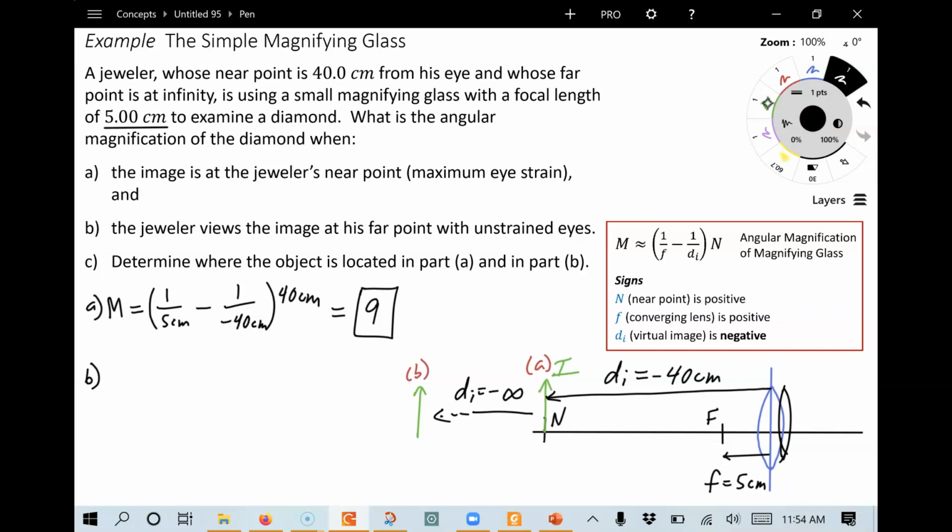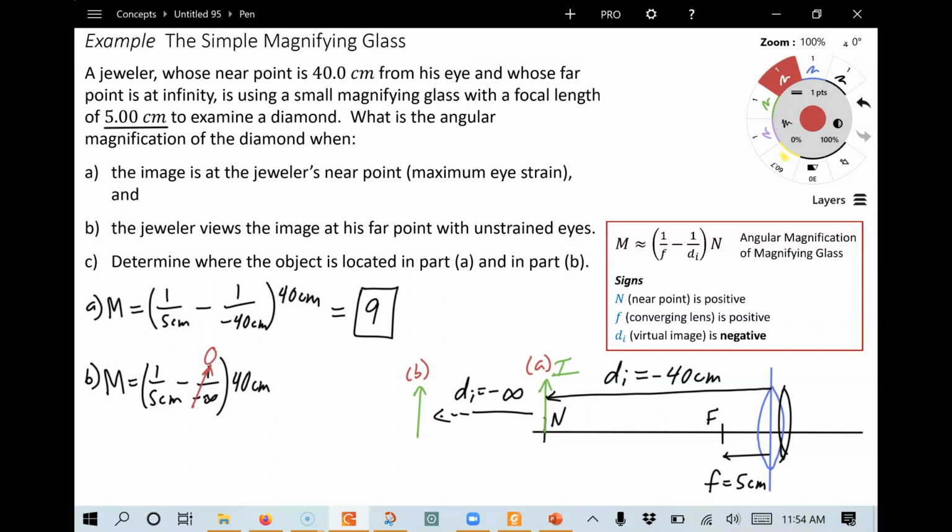And we can calculate that. So the angular magnification for part B, again, 1 over f, 1 over 5 centimeters, minus 1 over, it's a negative infinity, times 40 centimeters. And of course, 1 divided by infinity or negative infinity, this is just 0.